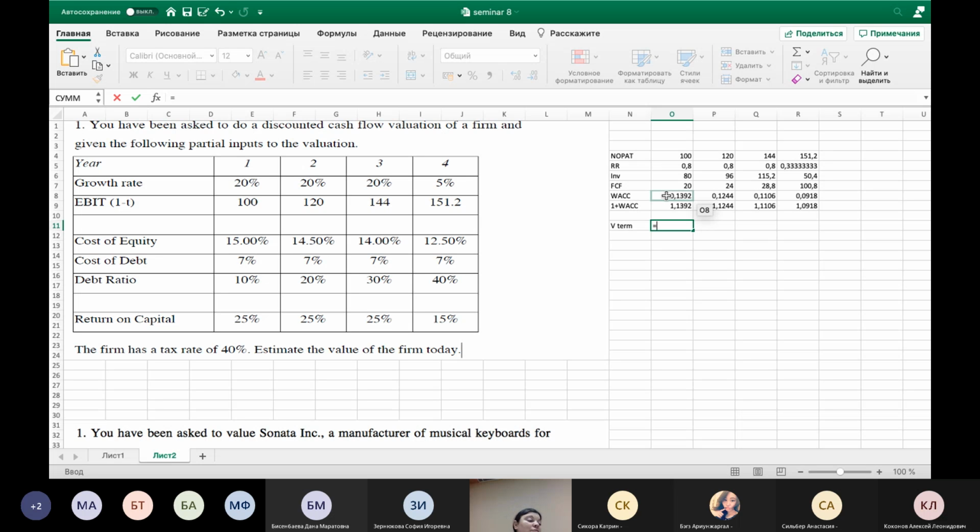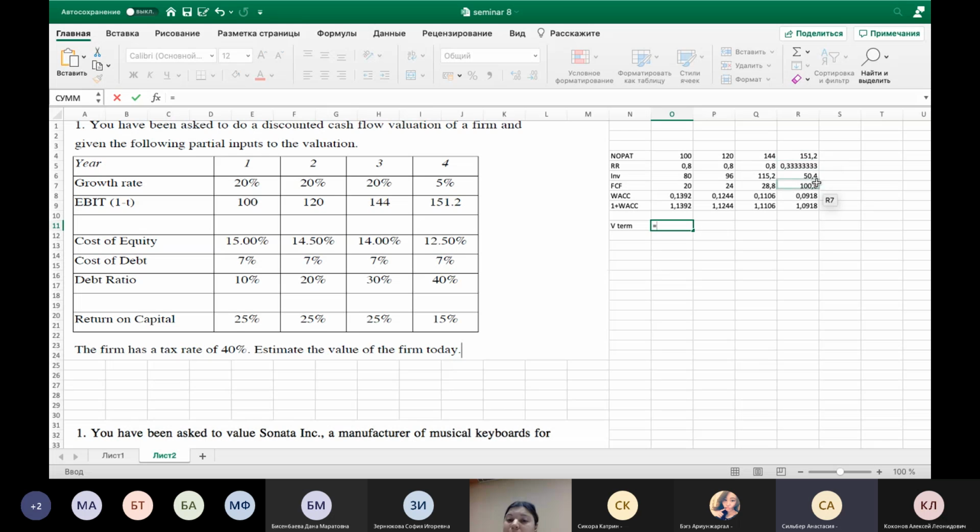How could we find our terminal value according to the conditions of this task? What are your proposals?